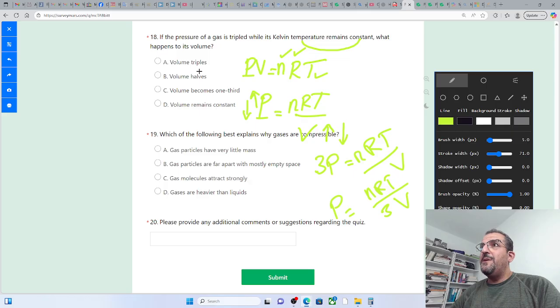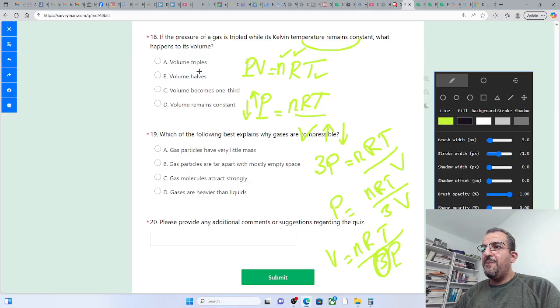So you will see, guys, if I treble the pressure, I'm going to play with this equation a little bit, so I can have volume is equal to nRT divided by 3 times pressure. If I multiply the pressure by 3, what will happen? You will see, guys, that the volume will be 1/3 of the original volume. You can see that from this equation.